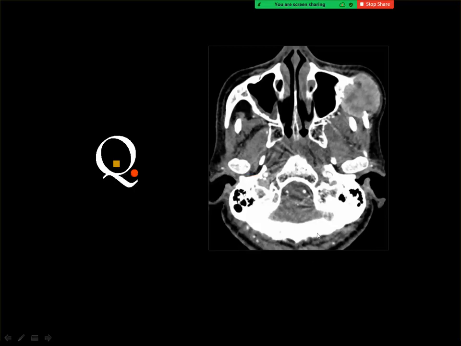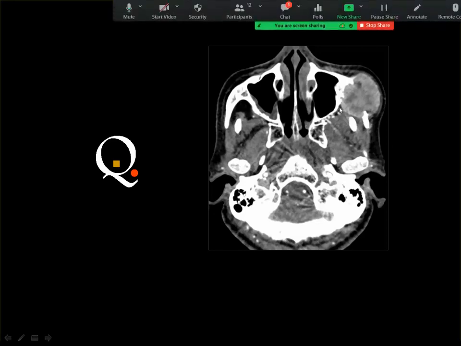Well, if you see a case like this, the first step is to ask yourself, is this a benign lesion or a malignant lesion? And of course, you can easily answer this question because the lesion is centered on the zygomatic bone, which is almost totally destroyed, as well as the zygomatic arch, with, let us say, invasion of the fat in the infratemporal fossa. Then we are dealing with a malignant lesion.